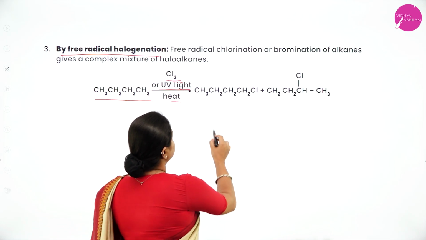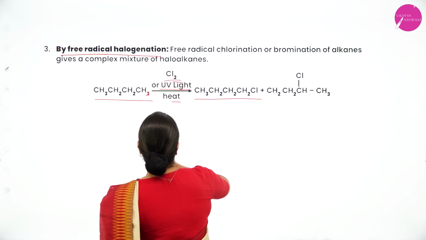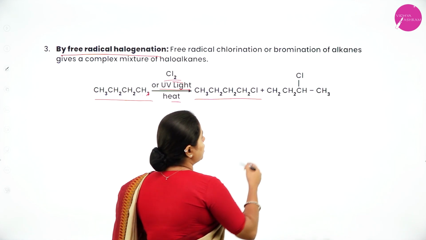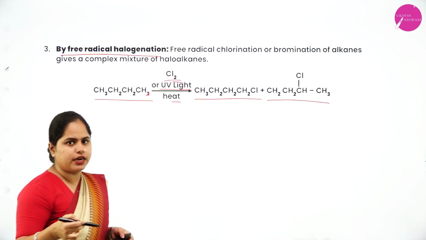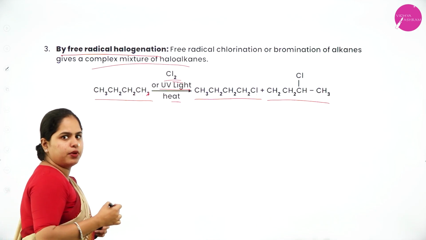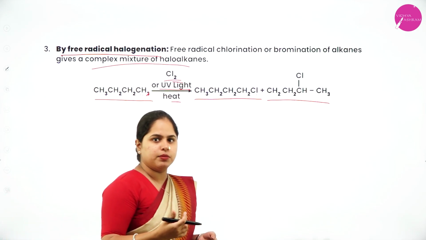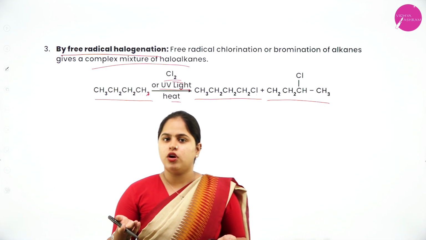What will happen? CH3, CH2, CH2, Cl. Instead of one hydrogen atom, a chlorine will be attached. Another product that can be formed has chlorine attached on the second carbon atom. So a complex mixture of haloalkanes can be obtained using the free radical mechanism. The chlorine atom is being added, so it can be obtained on any carbon atom.